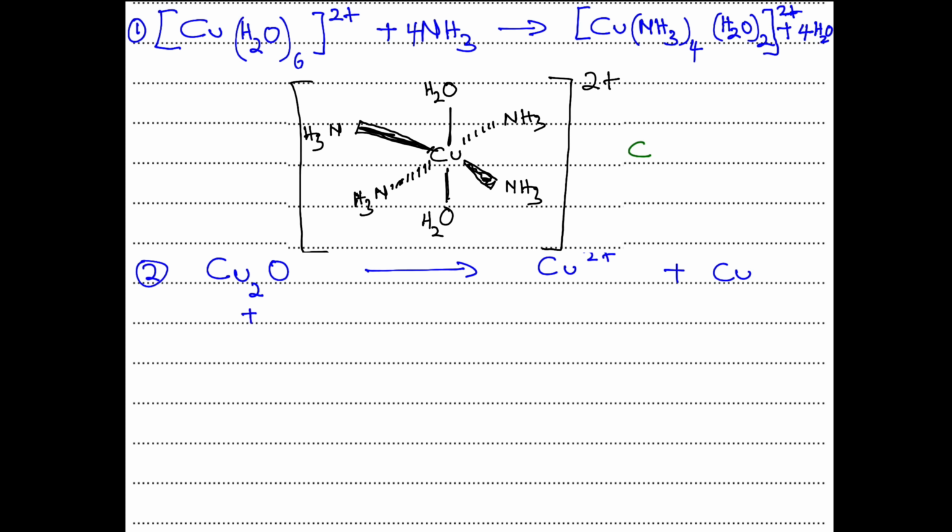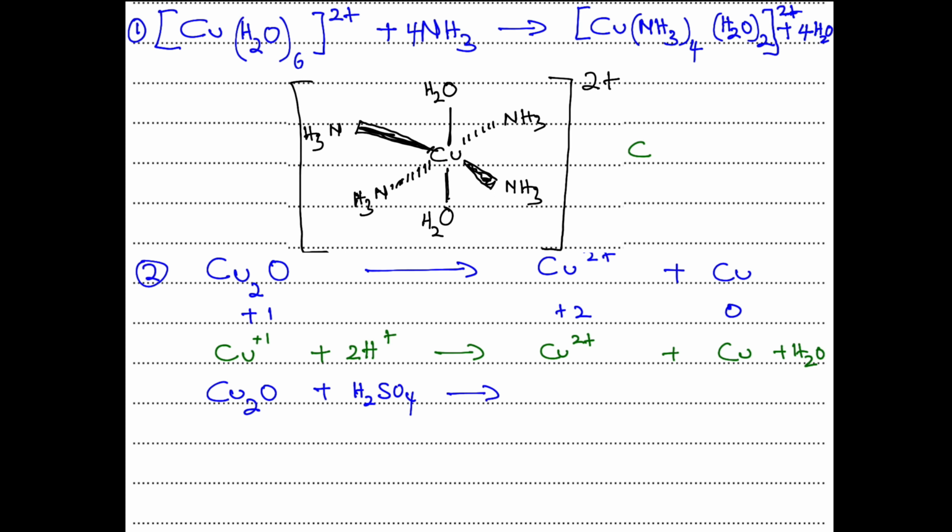This is copper 1+ going to copper 2+ and copper 0. Cu2O, with H2SO4, forms copper sulfate, that's copper 2+, plus copper solid plus water. D is copper sulfate and E is copper.